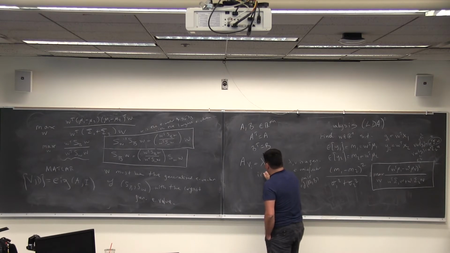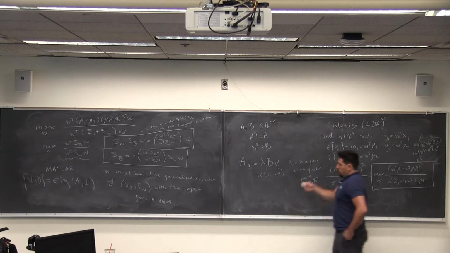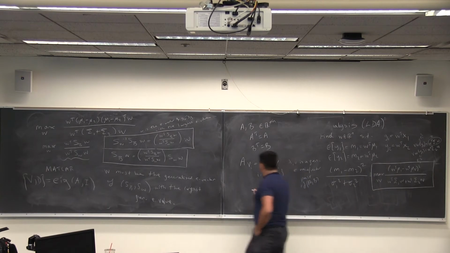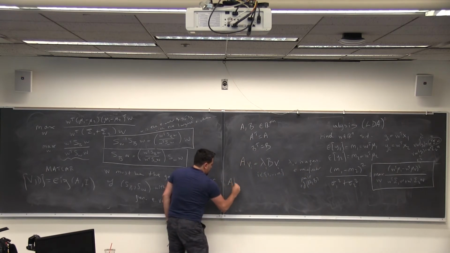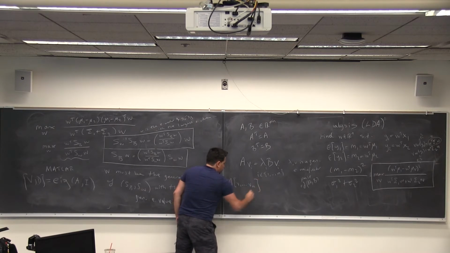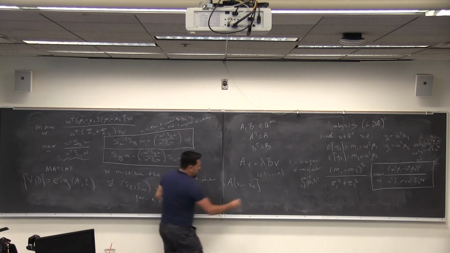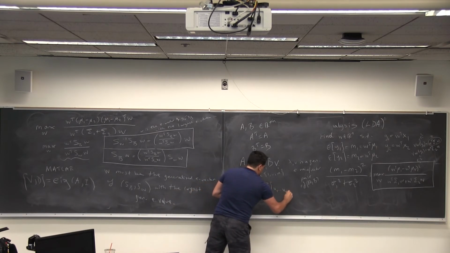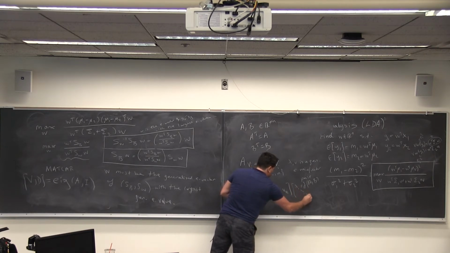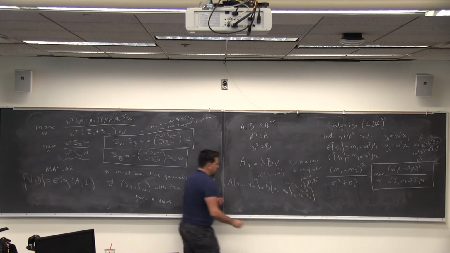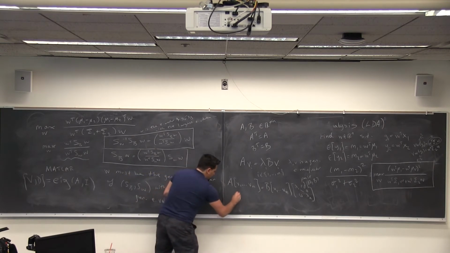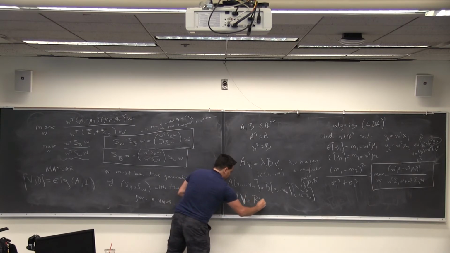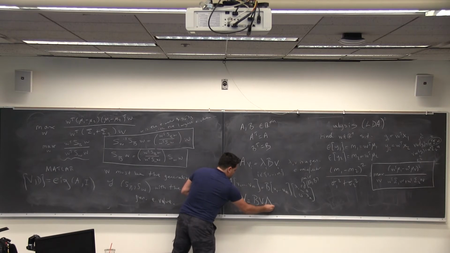If you stack the generalized eigenvectors into the columns of V, just stacking them side by side, you can write these in matrix form like this.